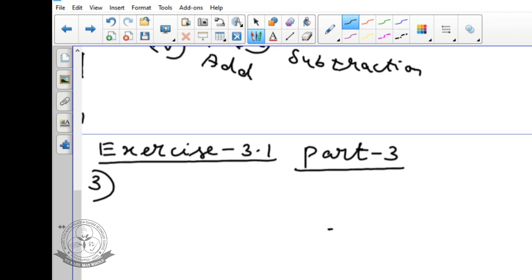Okay, here Vani, her father and her grandfather are given, so we are going to assume three variables: one for Vani, one for her father, and another for her grandfather.